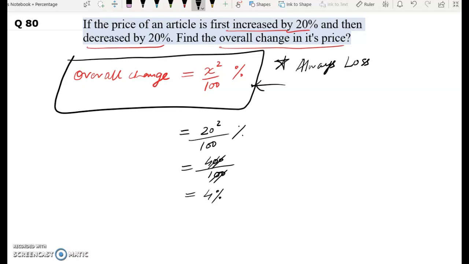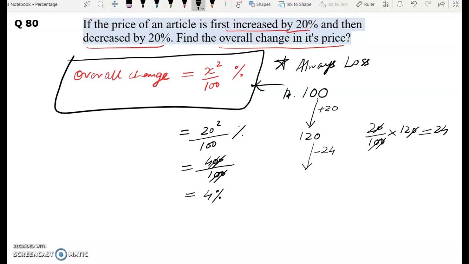Now let's say in this question our original price was 100, the price of the article was rupees 100. Now it says first increase by 20%. 20% of 100 will be 20, so increase by 20 rupees, so now it's 120 rupees. Now again it is decreased by 20%. 20% of 120, 0 will cancel out, 2 into 12 is 24, so decrease is how much?